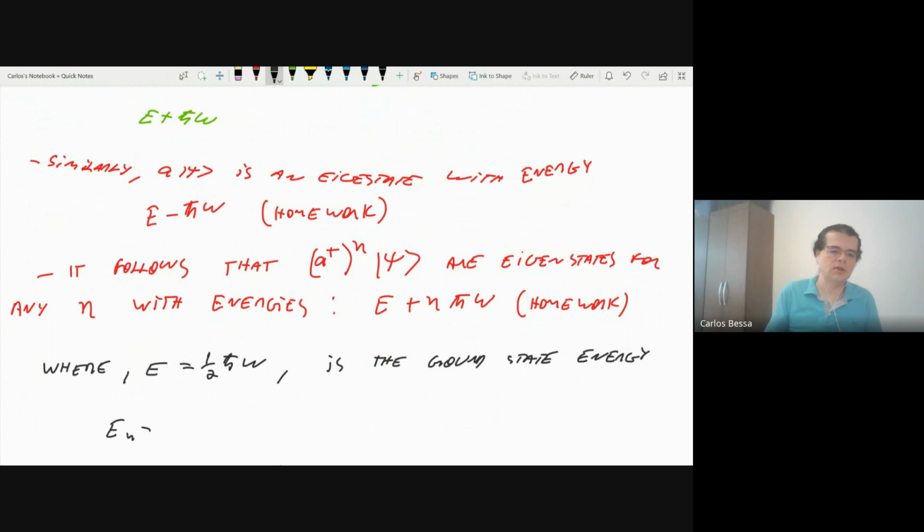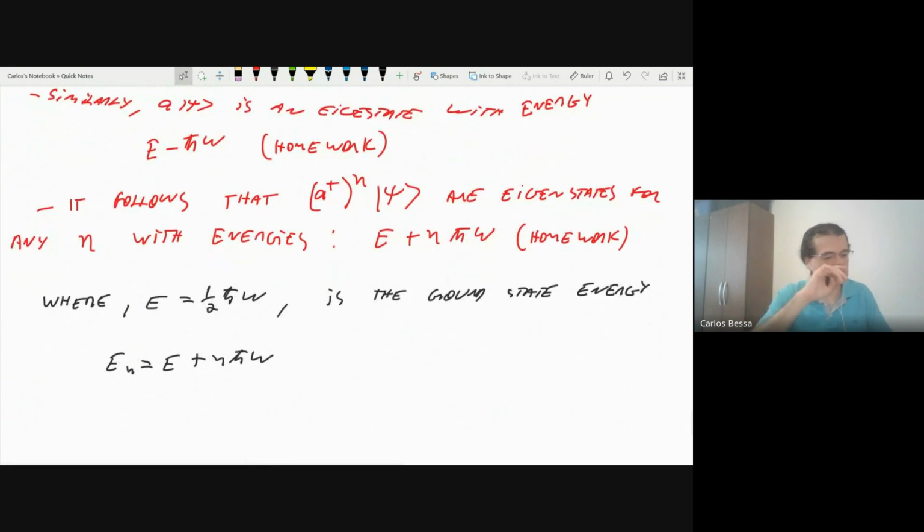So E_n can be written as E plus n H bar omega. Okay, and this will be useful, not today, but in the other models. A lot of the things that we use here will be important.